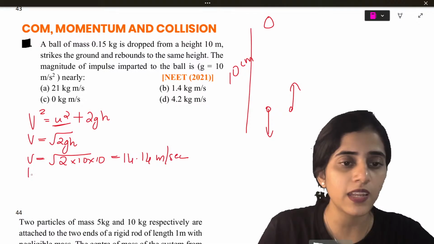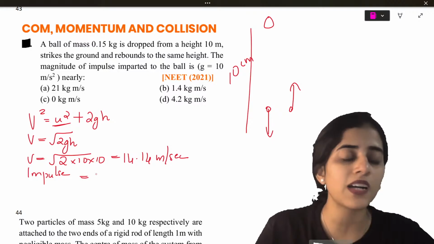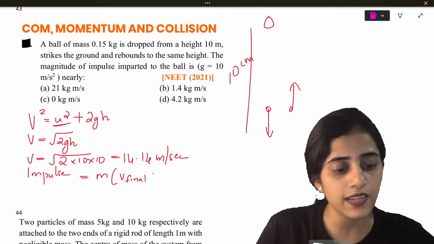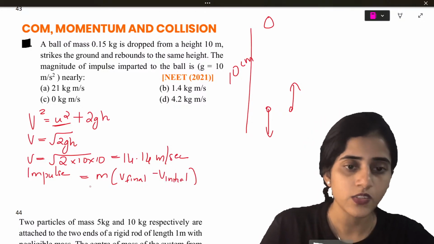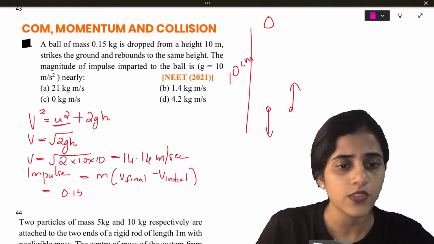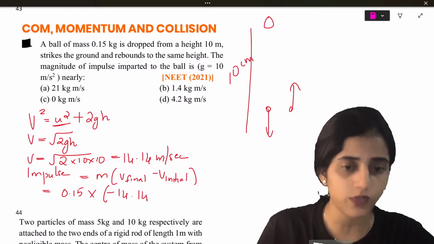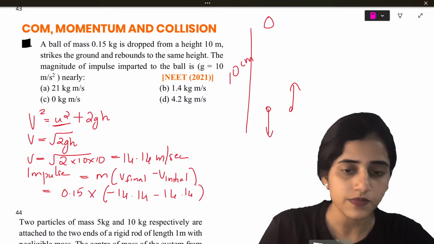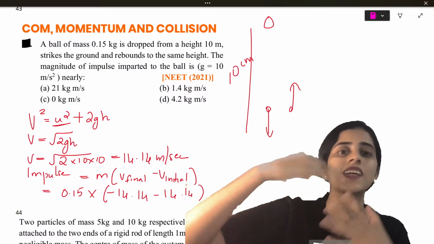Now I have to find the impulse. Impulse is mass into change in velocity, so mass into V final minus V initial. Mass is 0.15, so 0.15 into minus 14.14 minus 14.14. Why am I taking the same? Because it hits the ground and then rebounds with the same velocity.